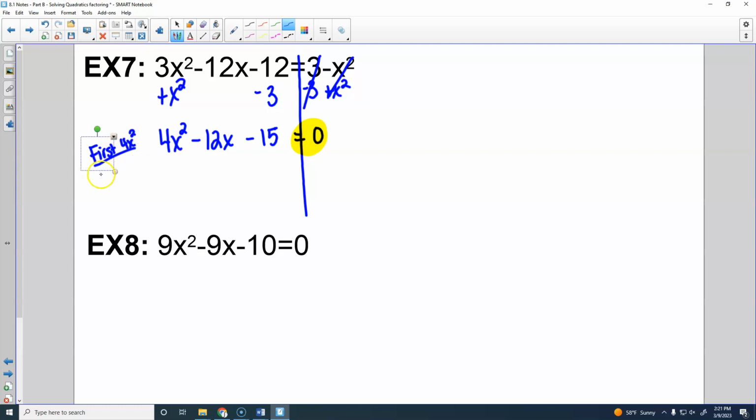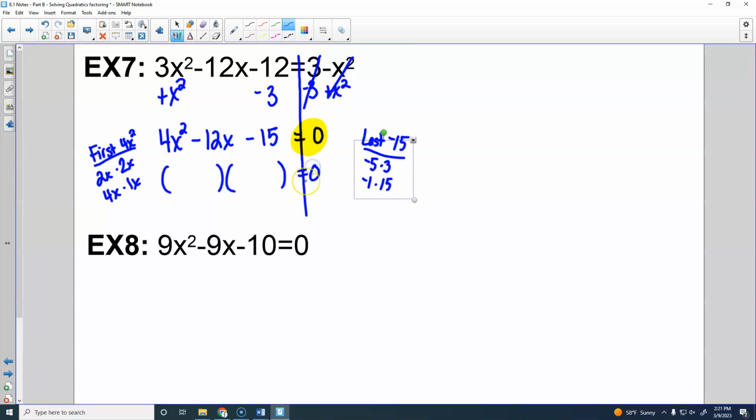I could either use 2x and 2x, or 4x and 1x. Those are my options there. Then for my last term, I've got negative 15. So I could use negative 5 and 3, or negative 1 and 15, or I could switch the negative signs. So we're just going to have to play around with it a little bit here.